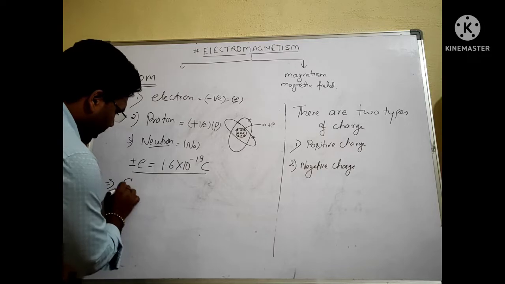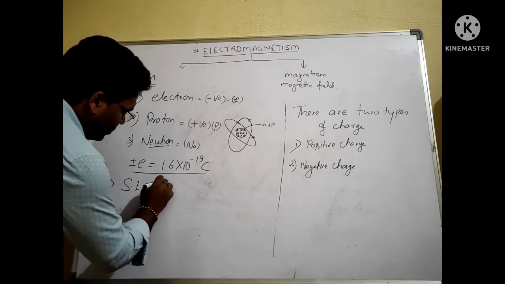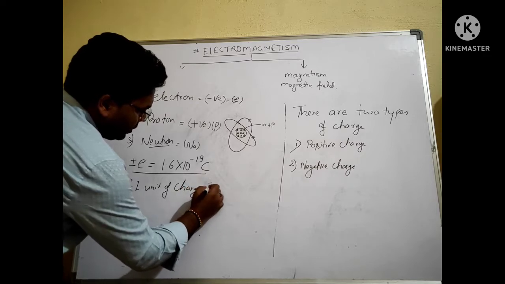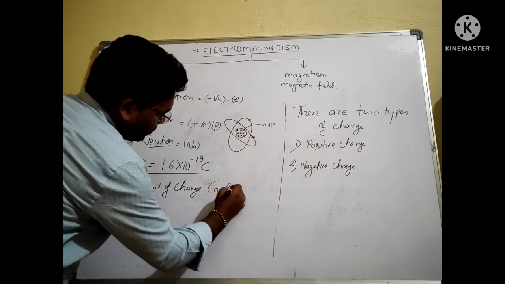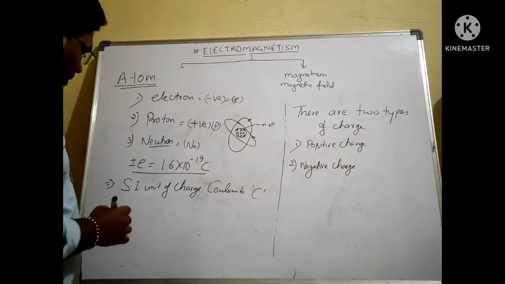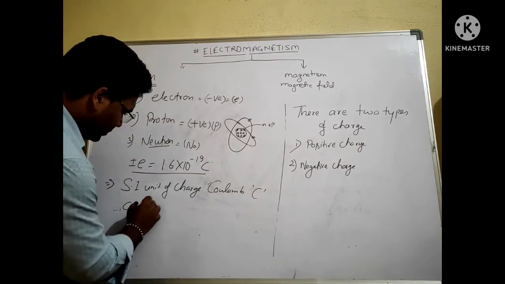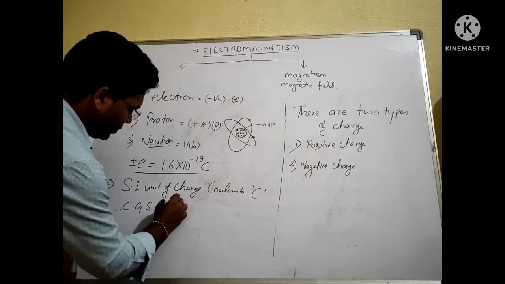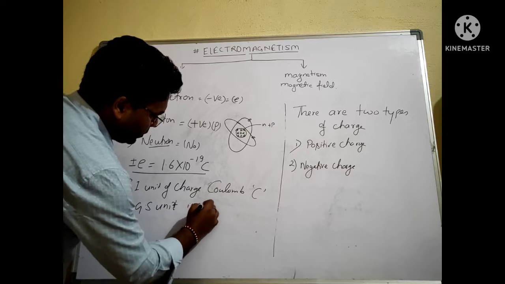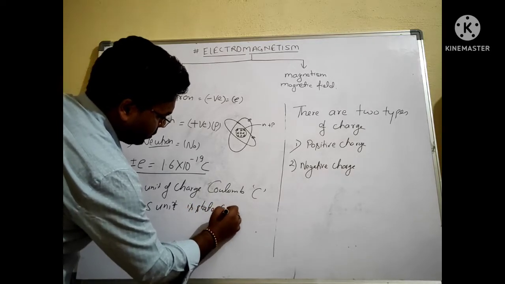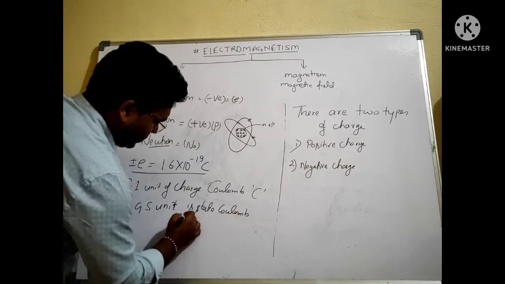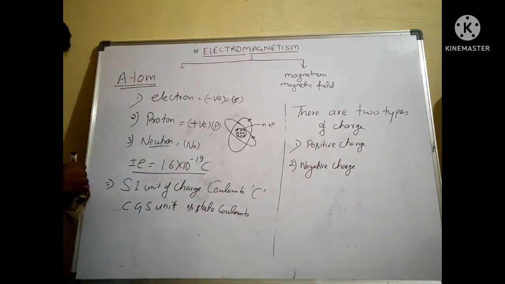Another thing is the SI unit of charge. It is coulomb, denoted by C. And the CGS unit is statcoulomb.